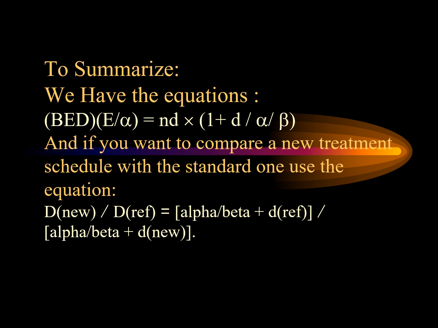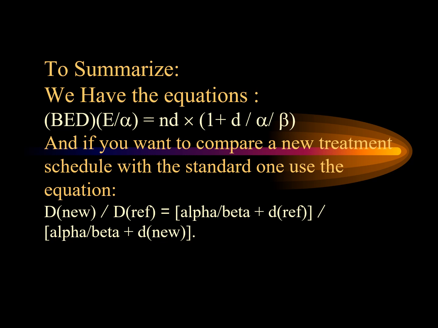And then capital D ref, this is what I want. Why? Because I want to see the 15 gray on my tissue, which is, for example, the fibroblast. The 15 gray over the fibroblast is equal to how many gray if I'm giving my dose at 2 gray per fraction, which means that capital D ref is the question mark.